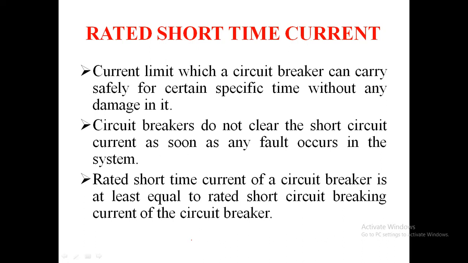Next is short time current. Rated short time current is defined with the RMS value of the current, with preferred rated currents such as 400, 630, 800. The rated current of a circuit breaker can be checked by carrying out the temperature rise test, since the current carried along the contacts is mainly limited by temperature rise, which we can represent by theta.